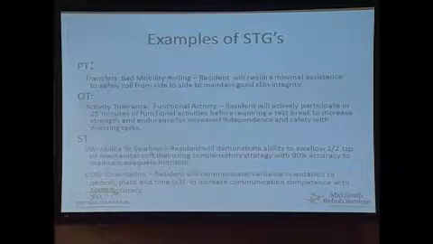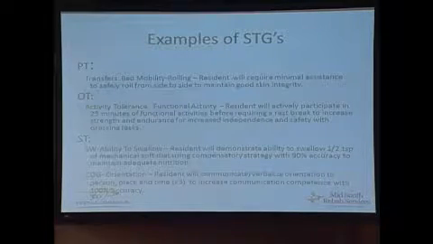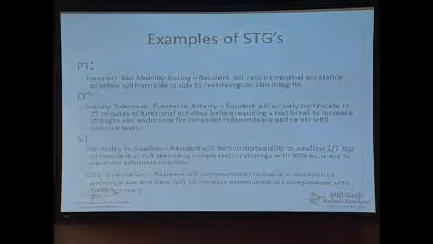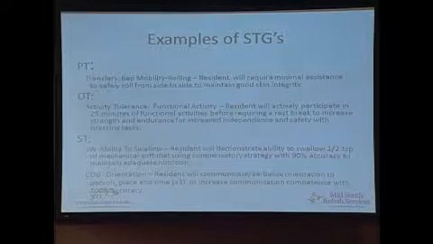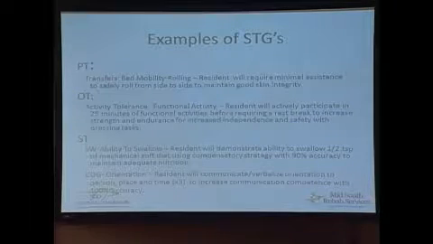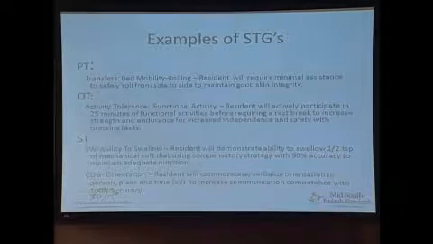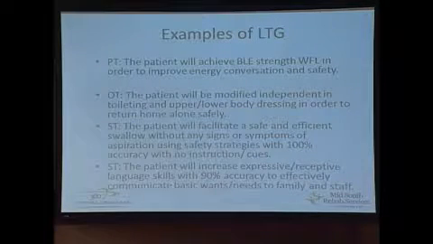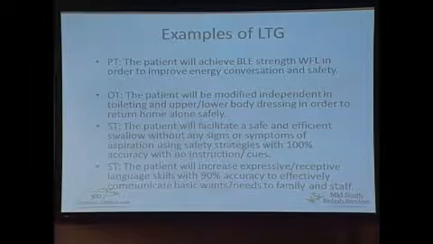So, okay, the other one is resident will communicate or verbalize orientation to person, place, and time to increase communication competency with 100% accuracy. The components, resident, the measure is x3 with 90% accuracy, and the functional outcome, why are they doing it? To increase communication competency. So remember, the long-term goal is basically where the patient will be functioning at discharge, and it should mimic your prior level of function.